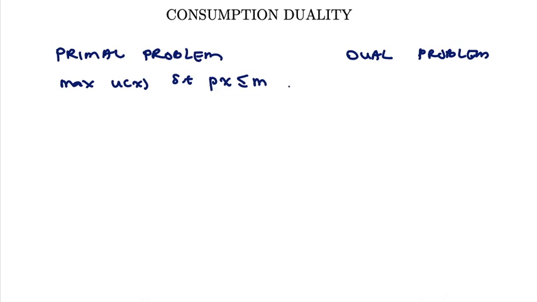On the other hand, if we talk about dual problem, then we are minimizing total expenditure subject to utility of consuming a certain bundle of good, call it bundle X or vector X, to fulfill the amount of targeted utility we want to achieve. That is U here. Okay.